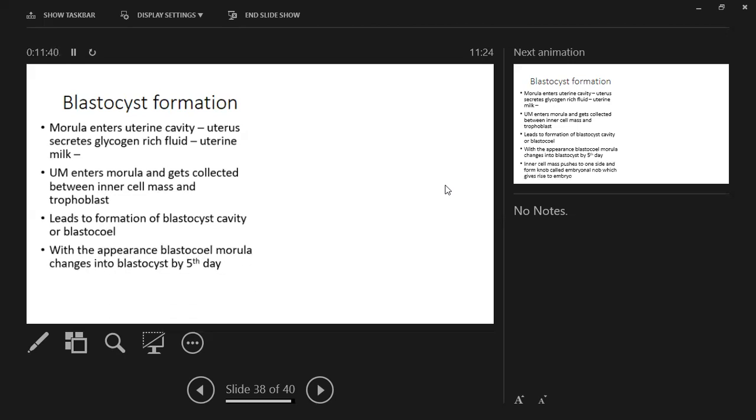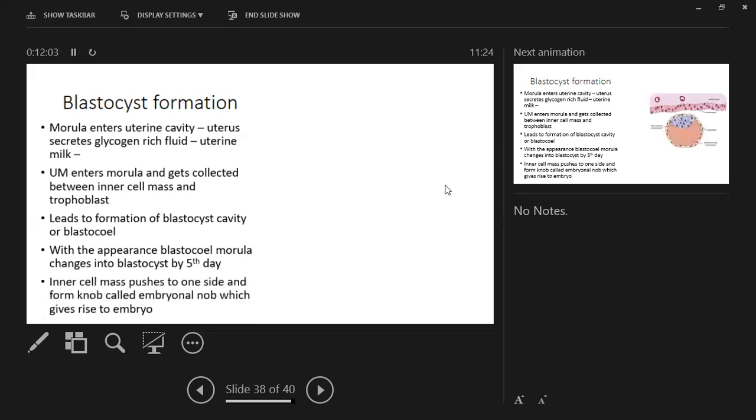With the appearance of the cavity, the morula changes into a blastocyst. Once there is a cavity inside the morula, we don't call it a morula, we call it a blastocyst. The inner cell mass, which was at the center, gets pushed to one side and forms a knob called the embryonal knob.